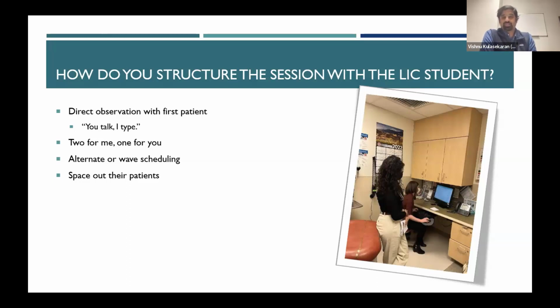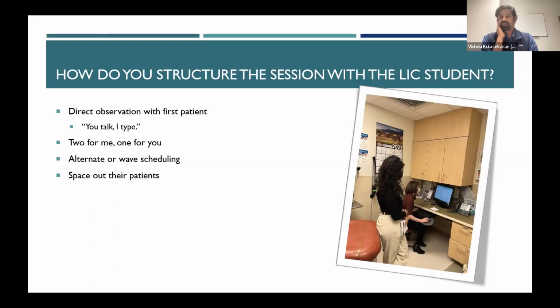The other thing I like to do is keep direct observations brief. I find that I often get behind the further along the clinic goes. So I like to do my direct observation with that very first patient. If only one patient is in the room, I'll go in the room with the student and say, you talk and I type. I'll be their scribe.